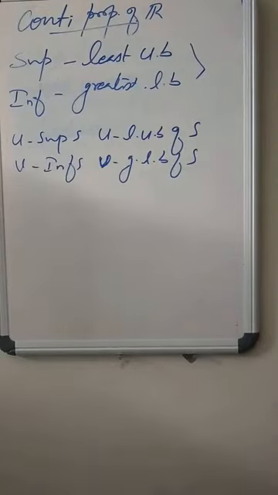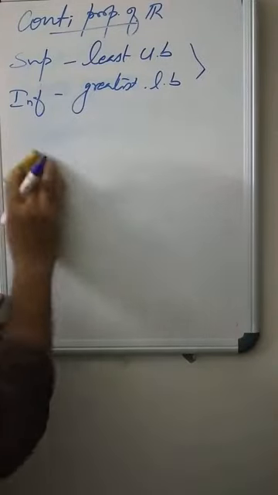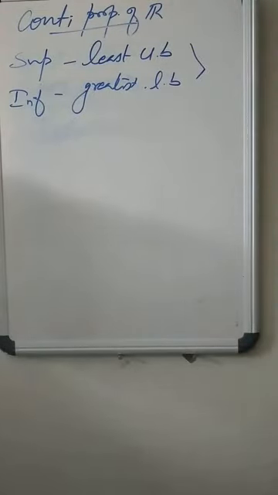So this is the supremum and the infimum. The least upper bound is renamed as supremum and the greatest lower bound is renamed as infimum. So how do we define them?